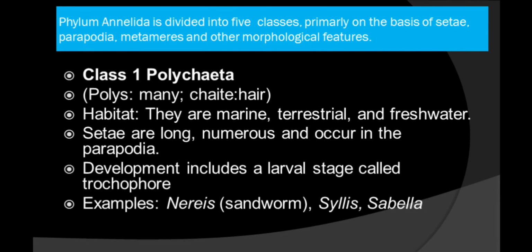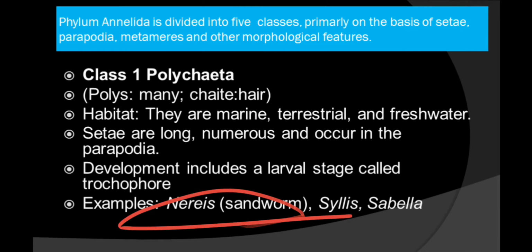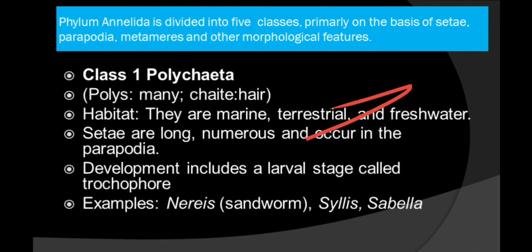Now let's learn about the classes. Phylum Annelida is divided into 5 classes on the basis of setae, parapodia, metameres and other morphological features. The first one is Polychaete. Poly means many, chaete means hair. As you have seen in Nereis, the sandworm, many parapodia are present which help in locomotion.